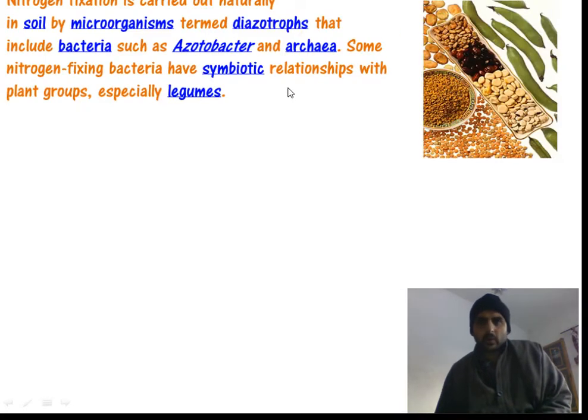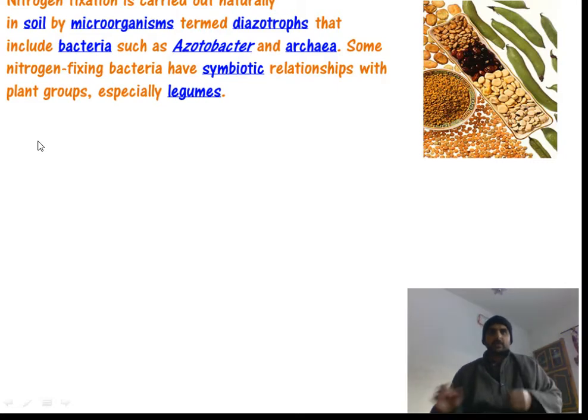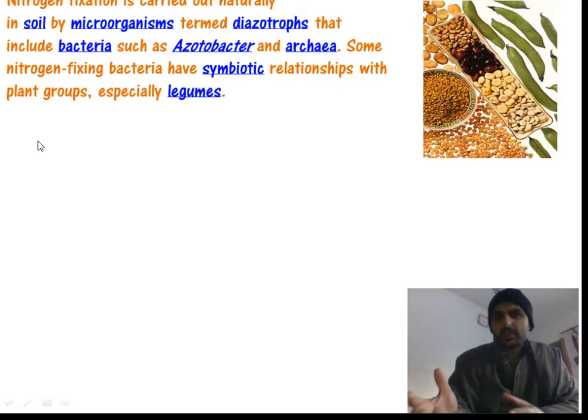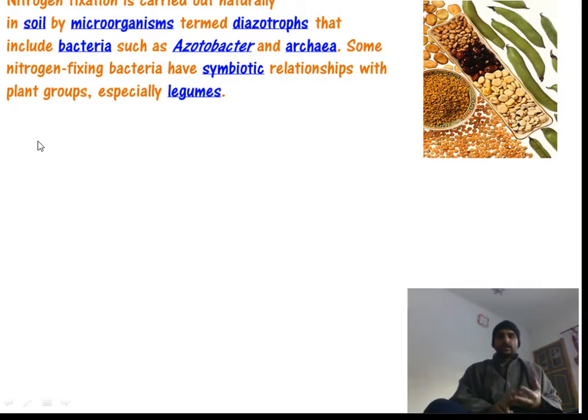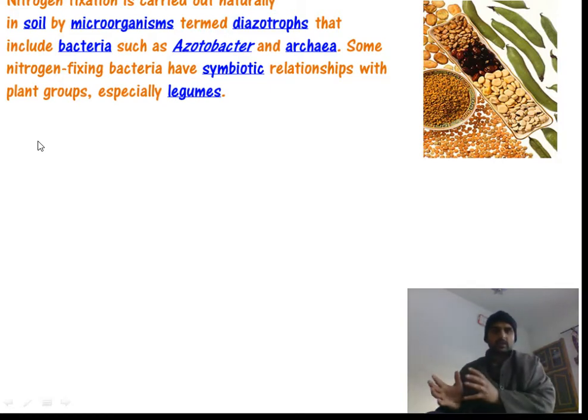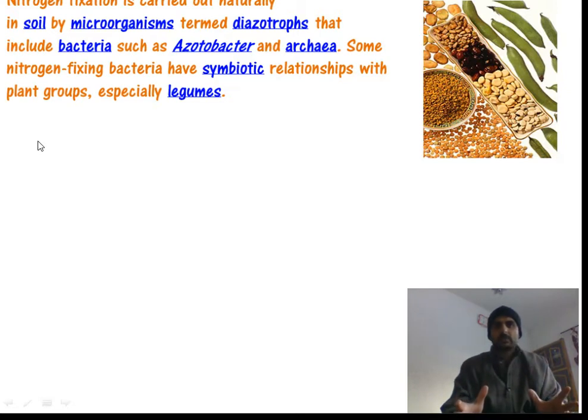Another very important thing is how this nitrogen fixation is carried out. First of all, we will talk about biological nitrogen fixation. One way is that it is carried out naturally in the soil by some microorganisms, and those microorganisms which fix this atmospheric nitrogen are called diazotrophs.